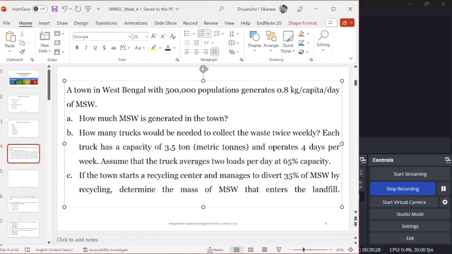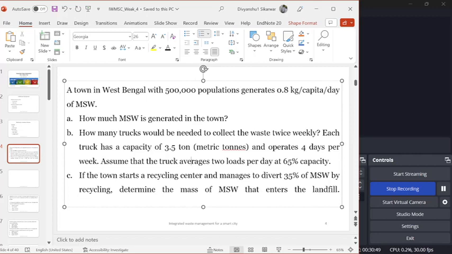But we have also given additional information here that the truck operates 4 days per week, and every day the truck carries 2 loads. So in total, in 4 days, a truck will be working for around 8 trips.